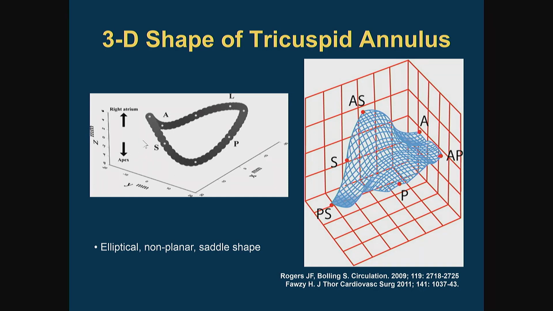Note that the superior points of the tricuspid annulus are anterior, as are the posterior ones, and the septal and lateral points are inferior towards the right ventricle. We will come back to this as we think about the pathogenesis of functional tricuspid regurgitation.